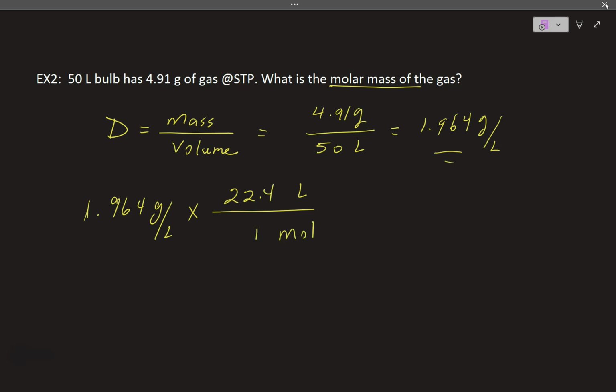Now remember, gram per mole will get you the molar mass, and you just multiply through and you'll end up getting 44.0 gram per mole. That would be the molar mass. We use the density to go back and use the value at STP, 22.4 liter per mole, and then get the value. All right, let's look at another question.